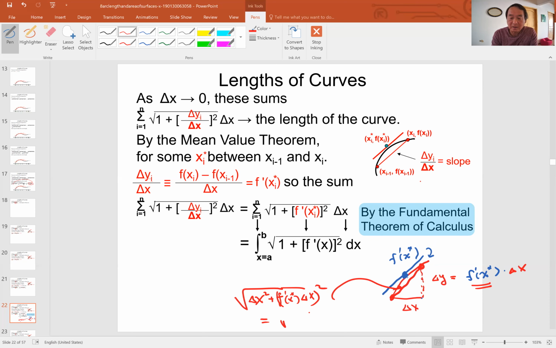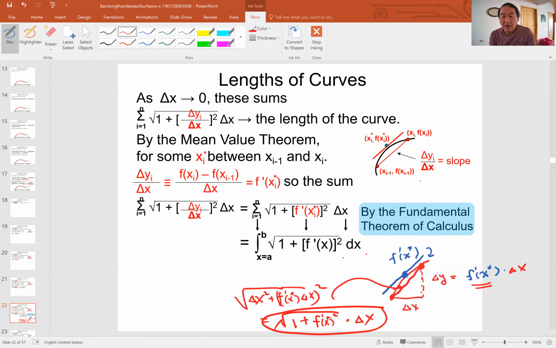I can pull that delta x out, which is exactly what we did. So this expression is the length of that little piece.